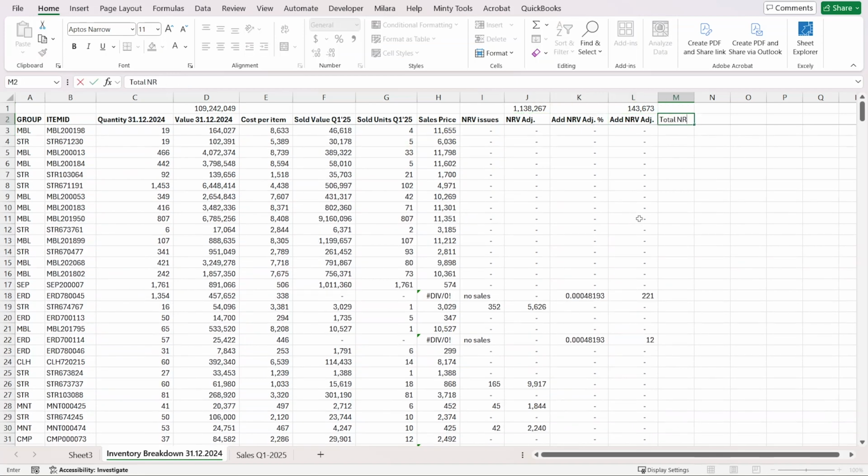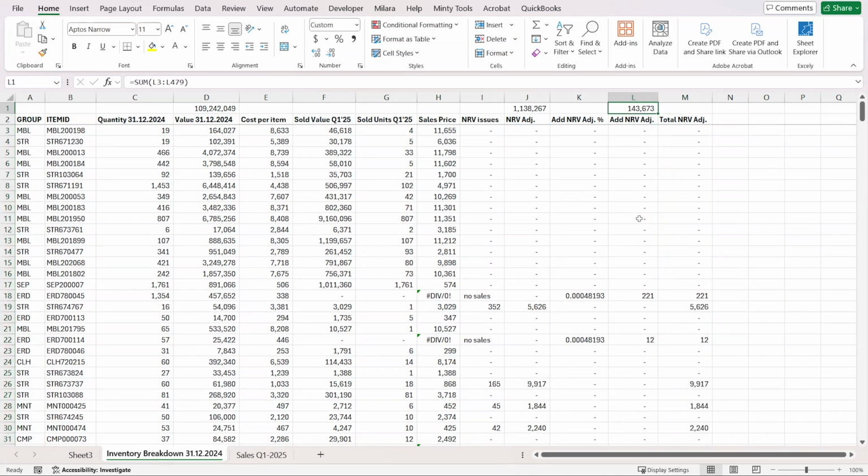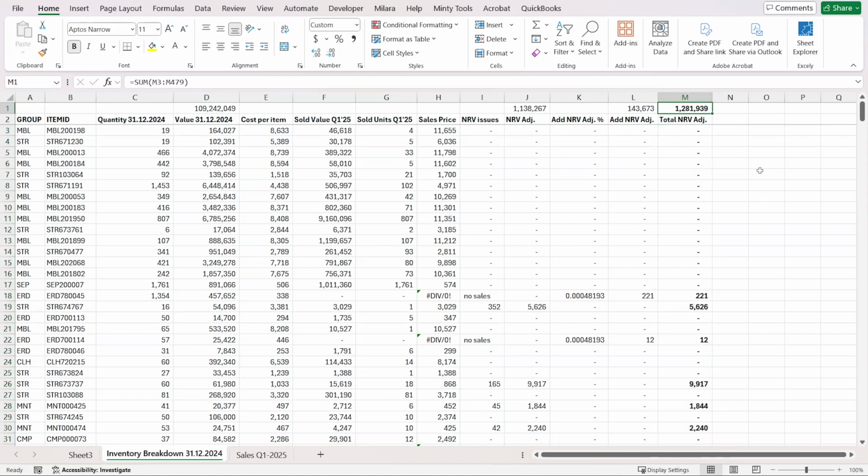Then my total NRV adjustment, and this is what we're after. It would be the NRV adjustment plus the additional NRV adjustment. Copy that down, and let's see the total. So this is the column, and this is the amount that we were looking for.